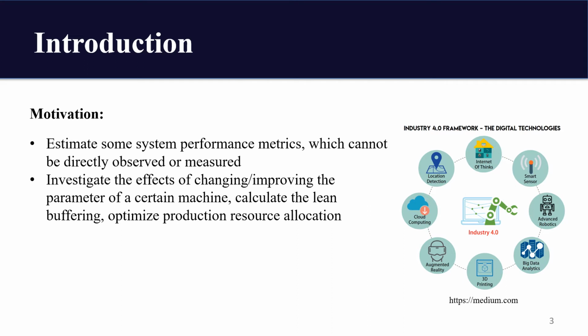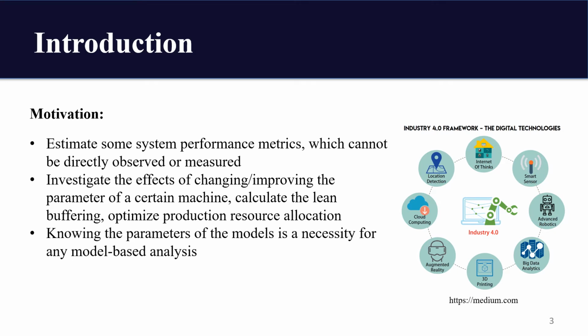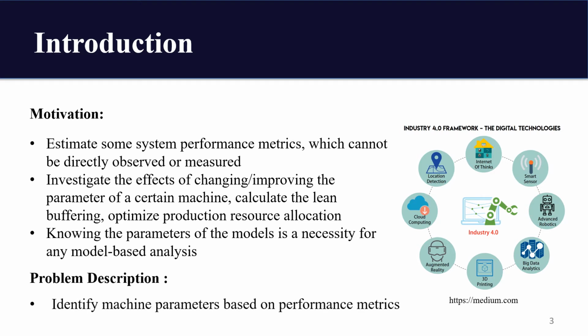Furthermore, if one wants to investigate the effects of changing or improving the parameters of a certain machine, calculate the lean buffering, or optimize the production resource allocation, knowing the parameters of the model becomes a necessity. Therefore, we want to identify machine parameters based on performance metrics.